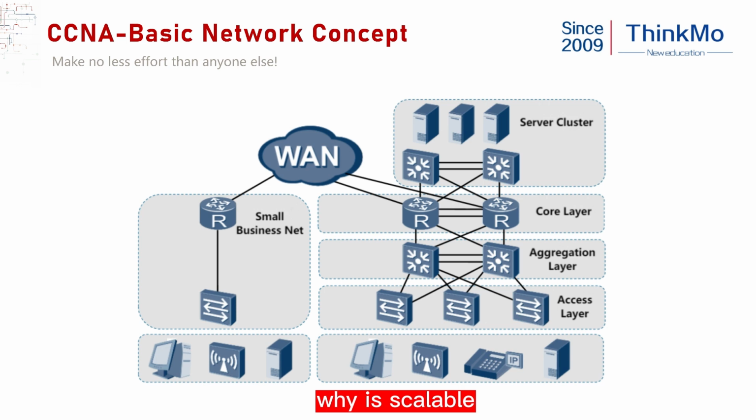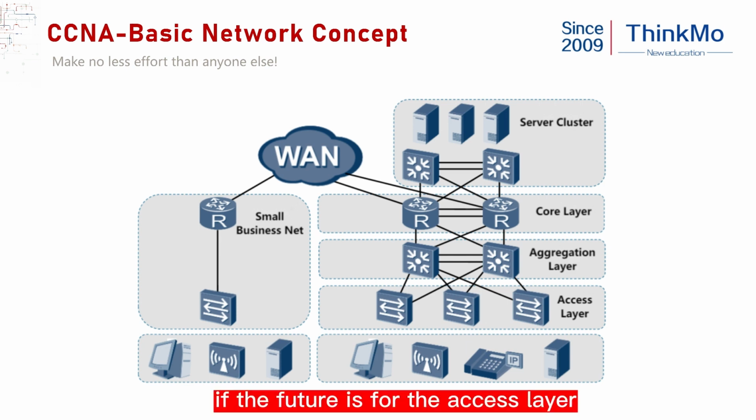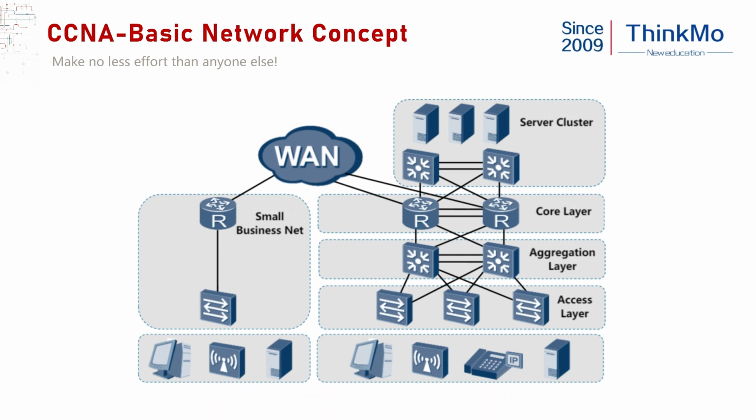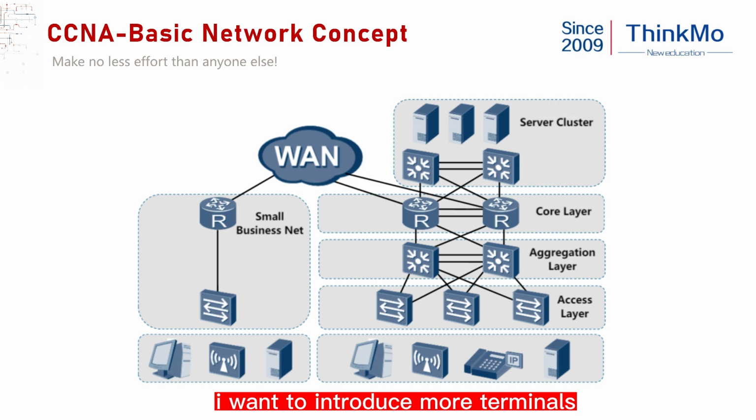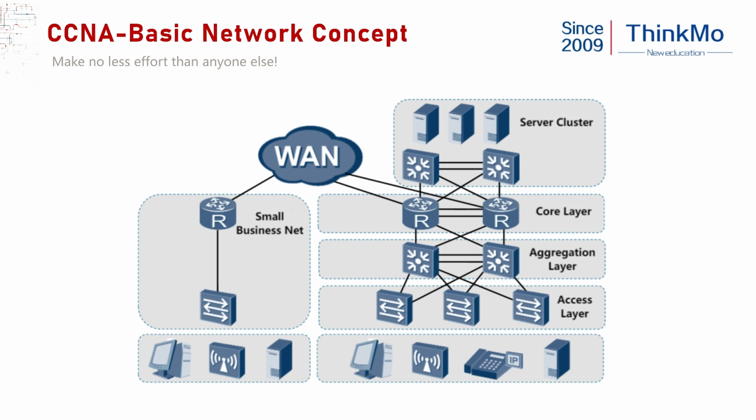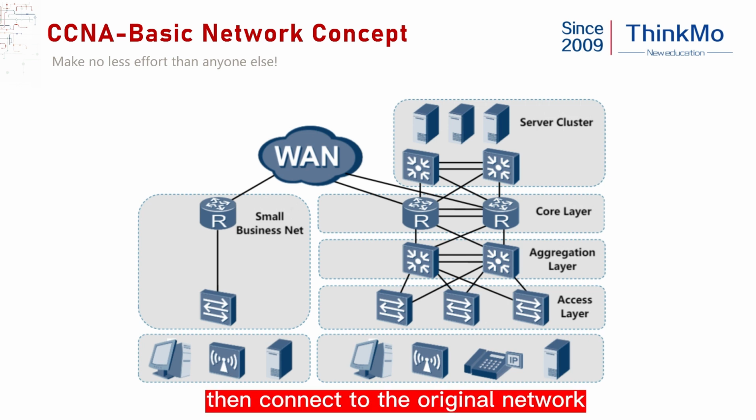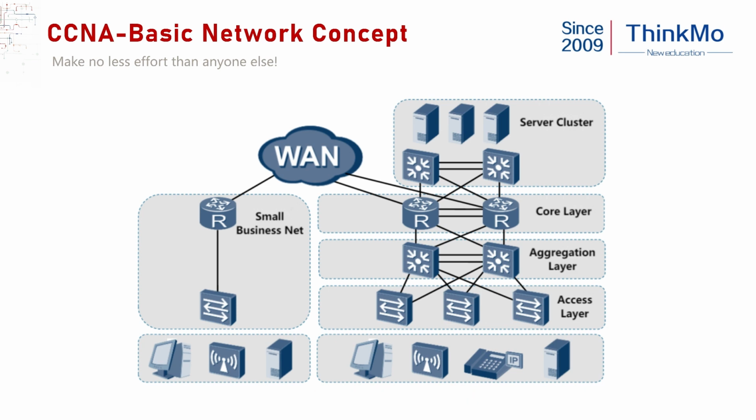Why is it scalable? You look at each layer. Relatively speaking, they have done so many backups. If in the future I want to introduce more terminals at the access layer, I add another access layer device and then connect to the original network. Because for the upper layers, is it all planned?